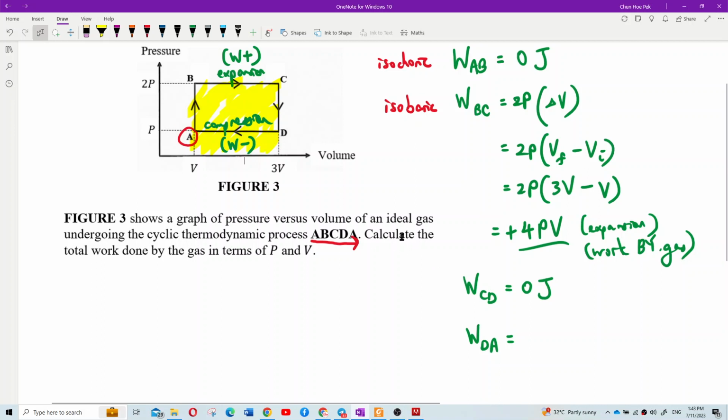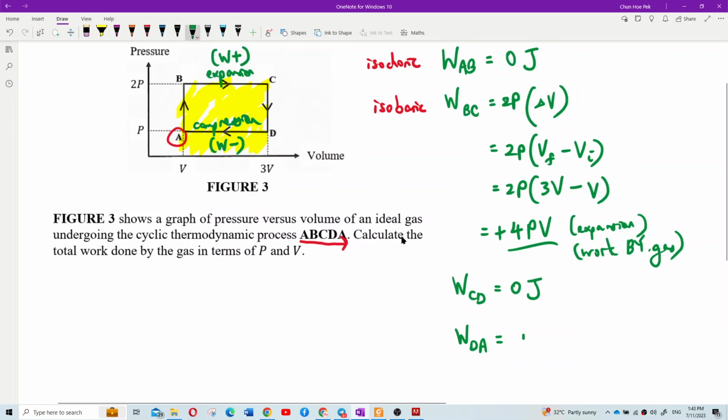Okay. So, samalah. Dia guna P darab dengan V final ini berapa? V final ialah V. DA, D ialah initial, kan? Final minus initial. So dia jadi V tolak 3V. Bukannya 3V tolak V. Kena ambil final tolak initial.